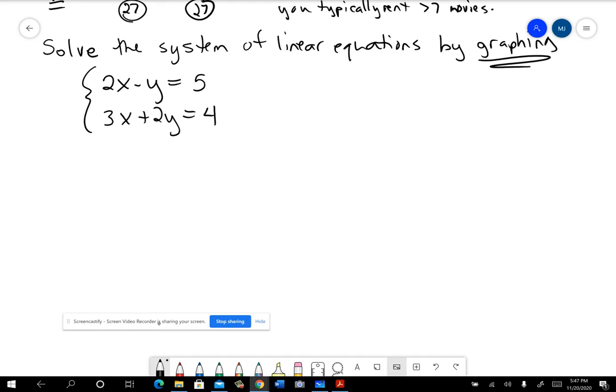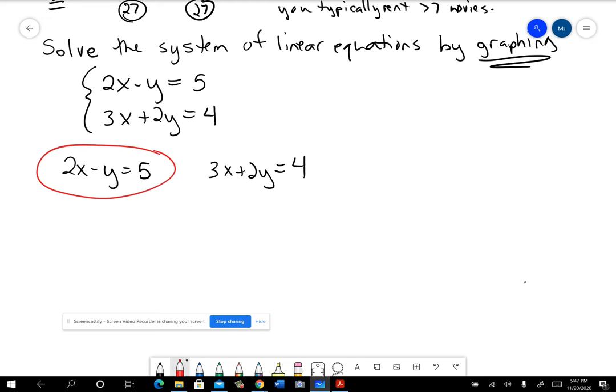All right, let me see if I can get the backdrop that looks like graph paper. That always shows up. Nah, I'm not going to try. Okay, so what we're going to need to do is take each equation and get some ordered pairs to satisfy the equation. So I'm going to do this one in red, and I'm going to do this one in blue.